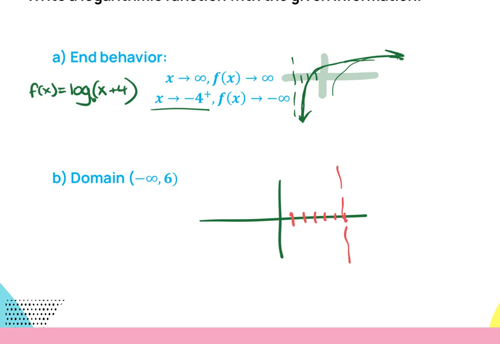All right, so if it's got a domain of negative infinity to 6, my log could either be going like this, or it could be going like this. But what do those characteristics both have? There's a reflection in which way? Over the y, which means the x gets the negative, right?